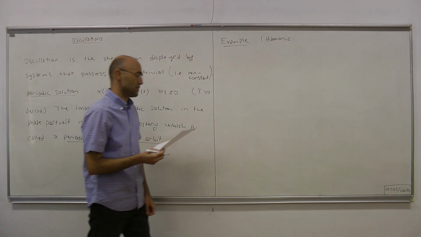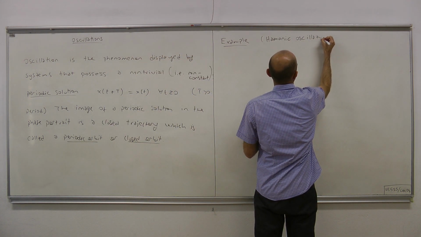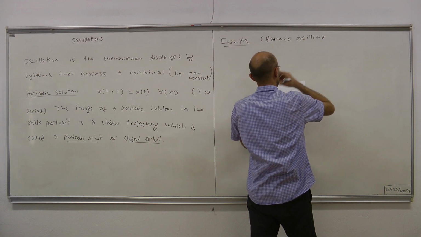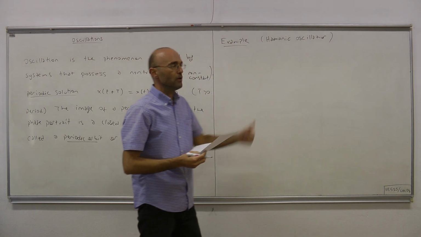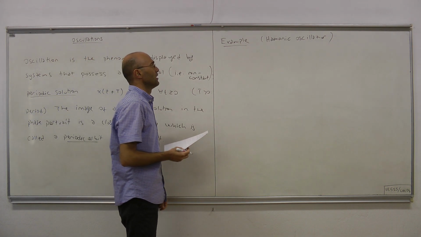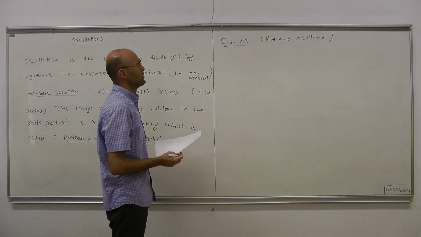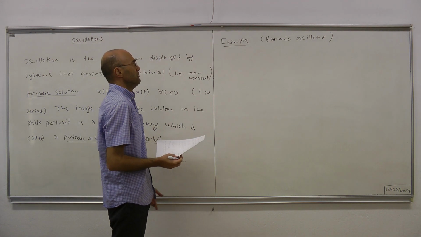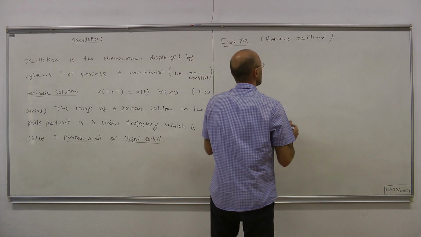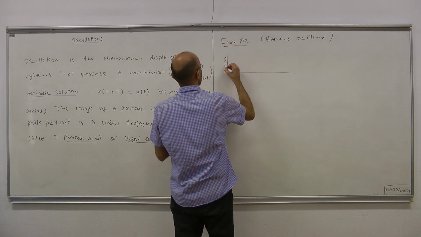Okay, so the example is linear, and it's a very famous system called the harmonic oscillator. This model appears everywhere throughout nature and also applications. It's been used to model many things, and one of those things is the one that we're familiar with: a mass attached to a spring.